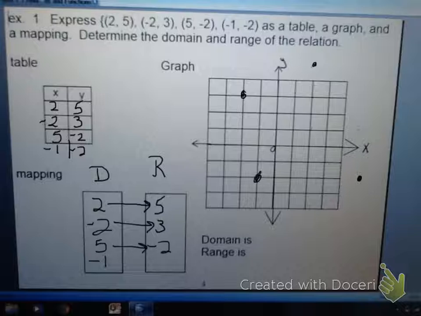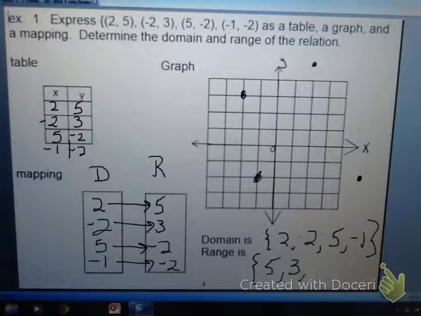Then 5 goes with -2, and -1 goes with -2. The domain values are 2, -2, 5, and -1. The range values are 5, 3, -2. I'm not going to repeat the -2.